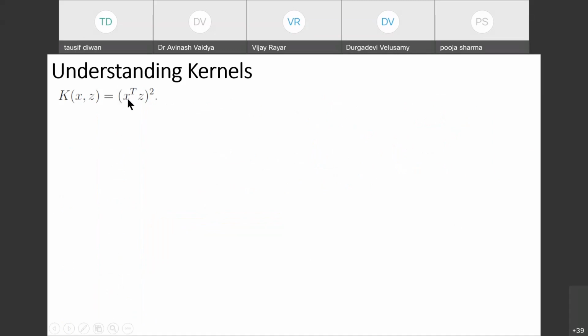Okay. Previously, this was simply x transpose multiplied by z. Now we are considering that this is x transpose multiplied by z whole square. For this, we need to identify the valid feature map. If we can identify one valid feature map for this particular kernel, then only we can say that this kernel is a valid kernel, otherwise not.